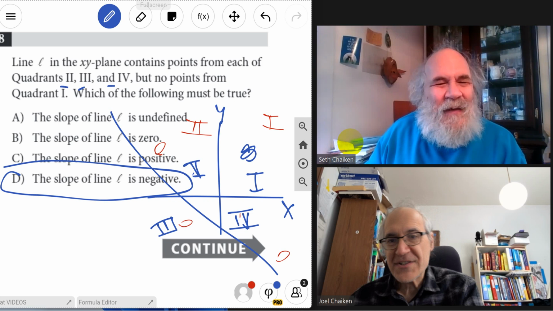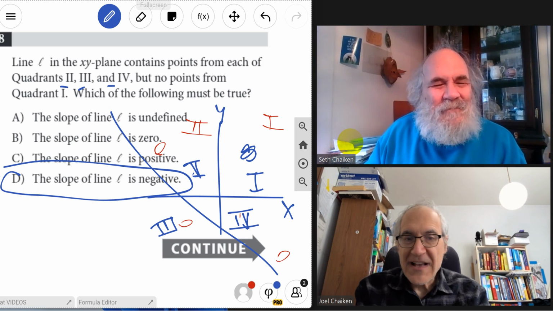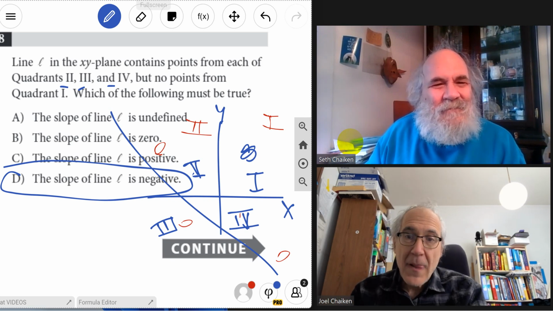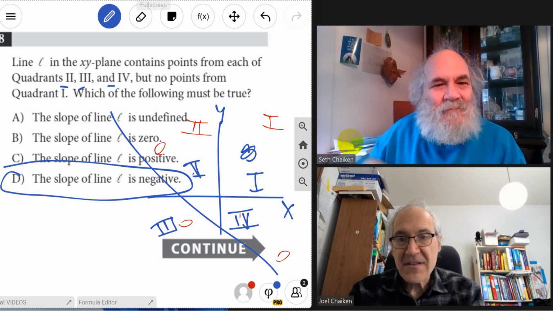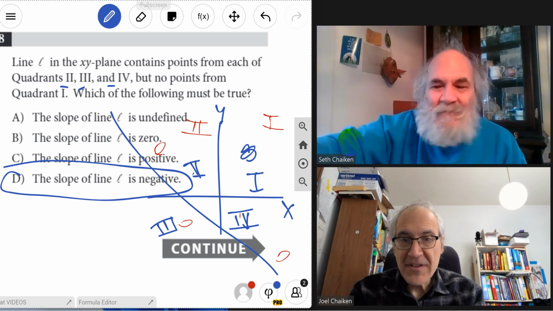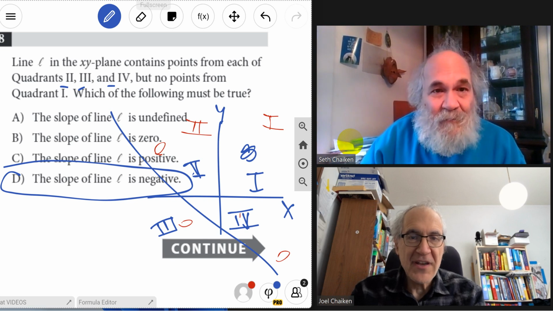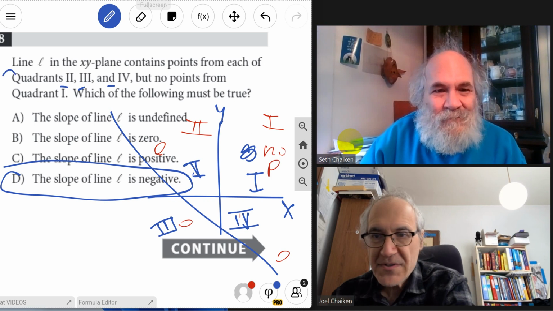So when you see a question like this, assuming it's easy for you, which it may not be, you ask yourself, can it really be that easy? Apparently, so what are they asking here? They're really just seeing whether you know how to draw a line and what the quadrants are.